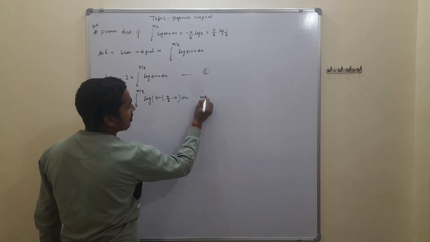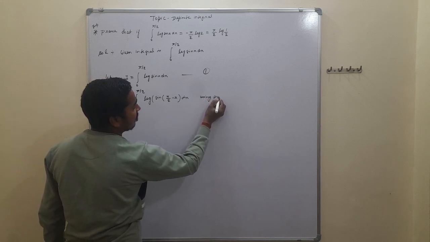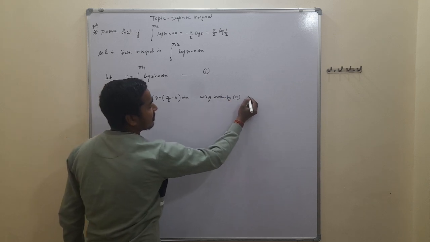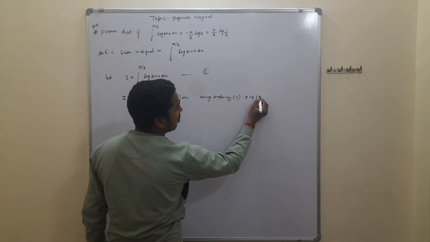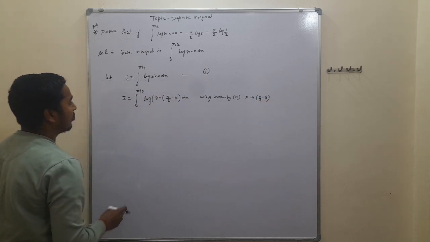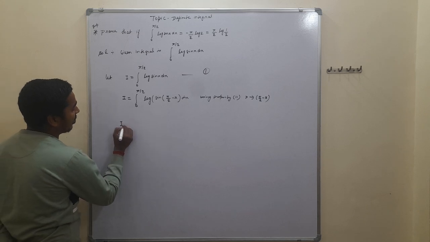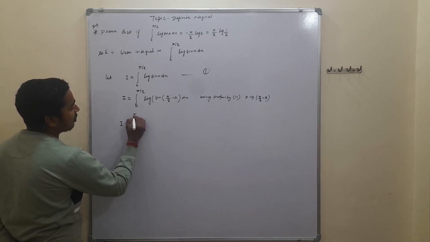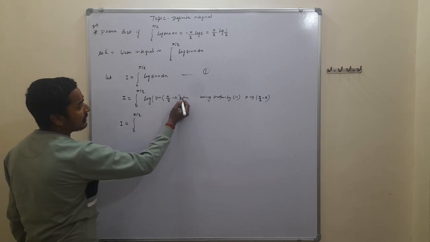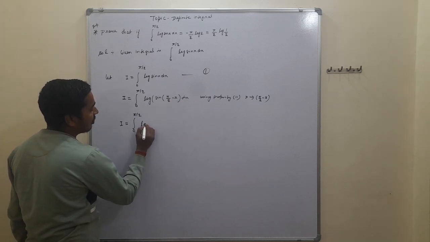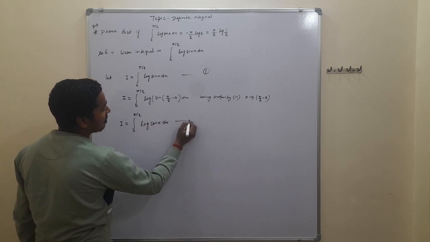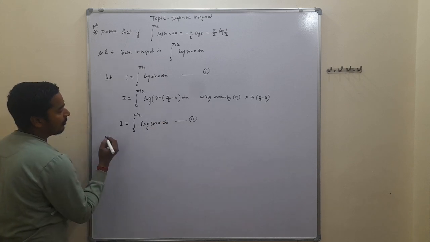Here, using property 4, with x replaced by pi by 2 minus x, we can write I is equal to the integral with limits 0 to pi by 2, and sin 90 minus theta is cos theta, so we write log cos x dx. Let this be equation 2.